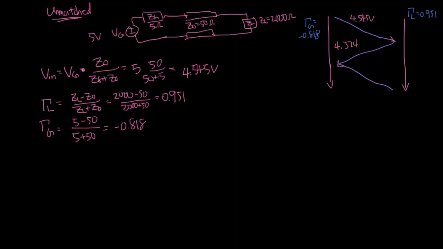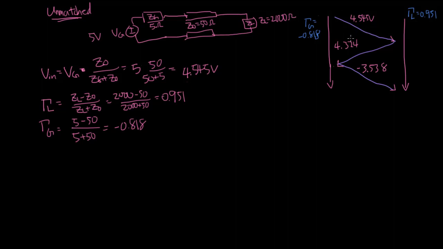And then when you reflect off of the generator here, you also have a really strong reflection. So this works out to be minus 3.538, multiplying 4.324 by this reflection coefficient. You're going to get this negative value. So what you see is that the voltage over here is going to be 0.